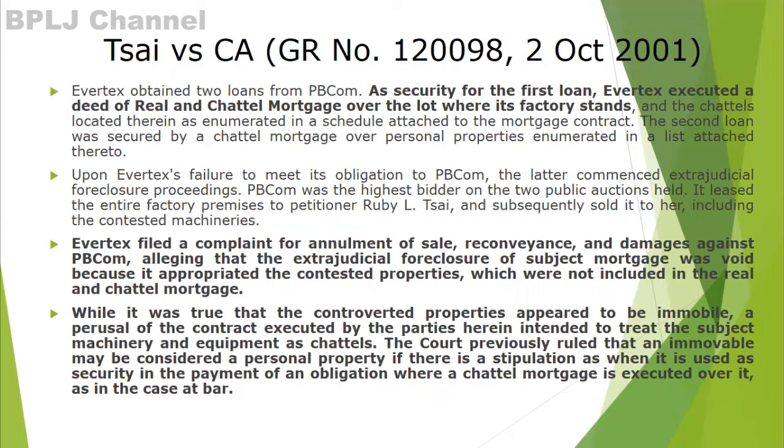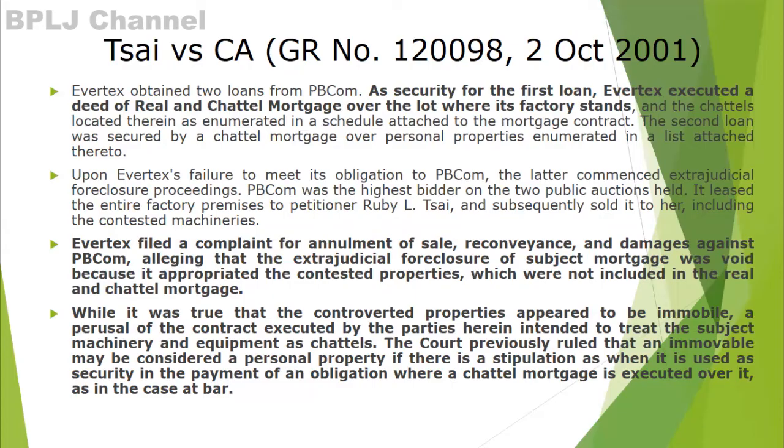So Evertex filed a complaint for annulment of sale, reconveyance, and damages against PBCom, alleging that the extrajudicial foreclosure of the mortgage was void because it appropriated the contested properties which were not included in the real and chattel mortgages. While it was true that the controverted properties appeared to be immobile, a perusal of the contract executed by the parties states that they intended to treat the machinery and equipment as chattels.